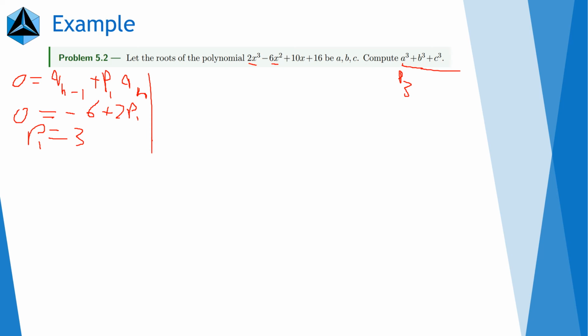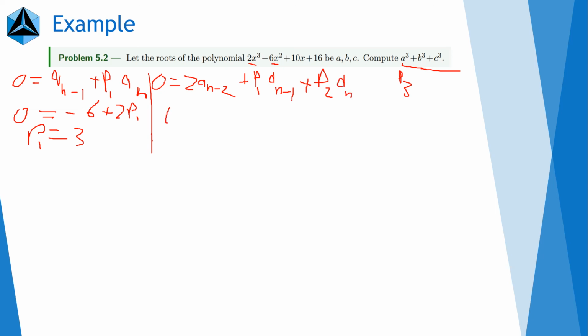Okay, so the next equation is 0 is equal to 2 a sub n minus 2 plus p1 a sub n minus 1 plus p2 a sub n.